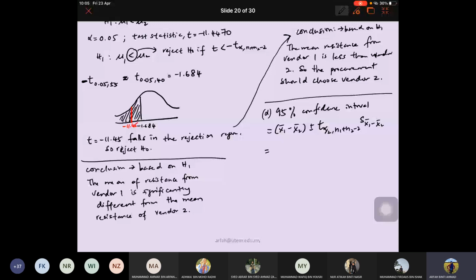Equal to 99.3241 minus 104.7786 plus minus T alpha per 2. Okay. Earlier we took 2.021 multiplied by 0.4765.